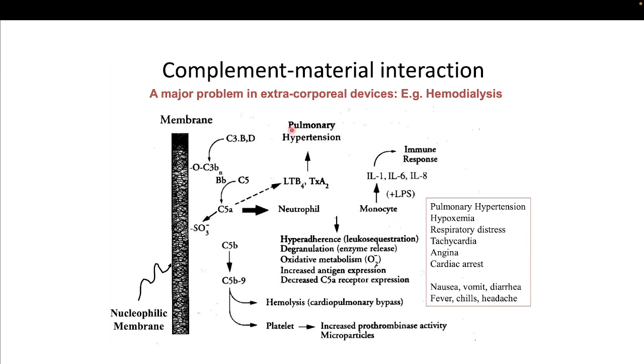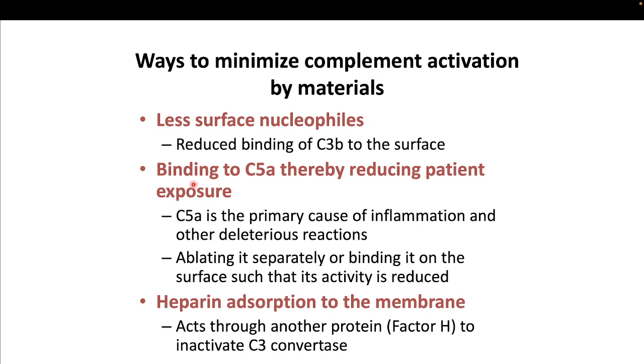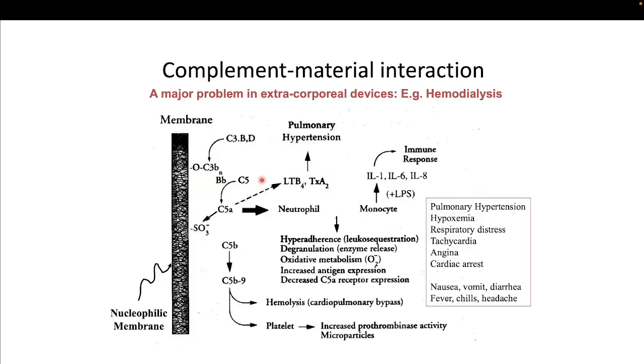To avoid this, you can make your surface less nucleophilic, meaning you can remove these negative charges and try making the surface neutral, so that it will reduce the interaction of C3b with the biomaterial. Another option is you can try reducing the activation of the C5a. C5a is one of the proteins in this complement pathway, which is responsible for inflammation and other reactions, some of which are listed here.